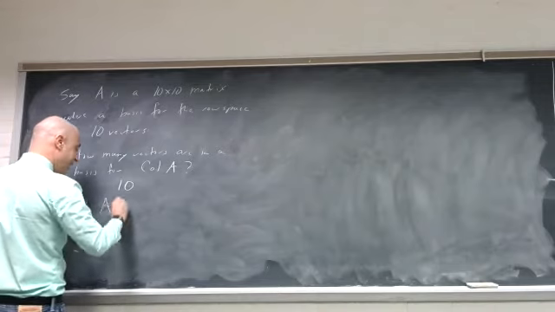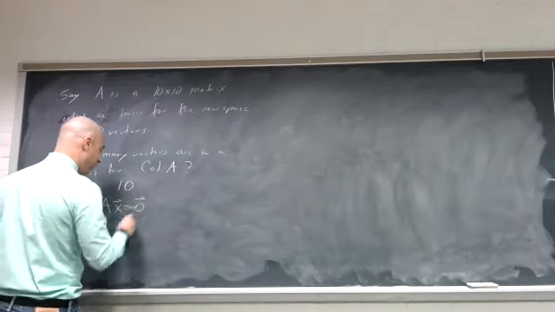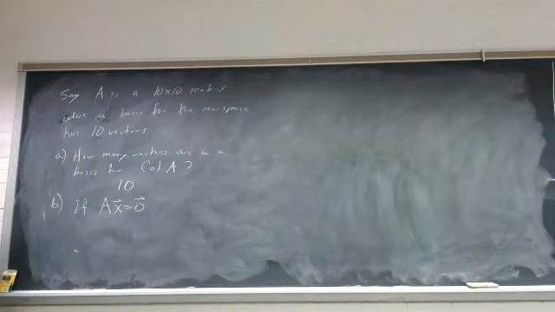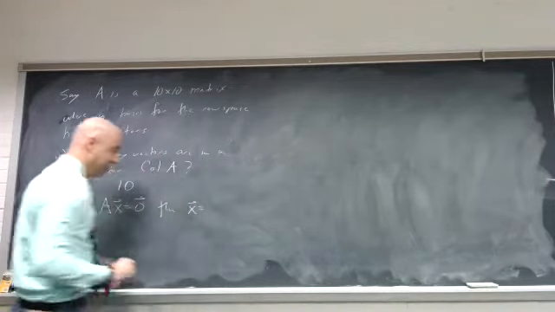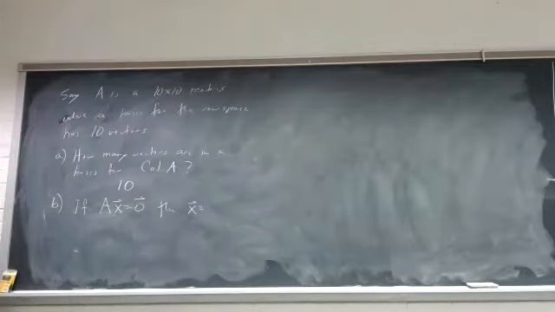If A times X equals 0, what can you tell me about X? If X is a vector in R10 and it takes it to 0, what can you tell me?